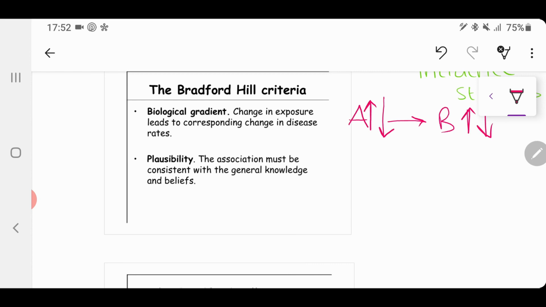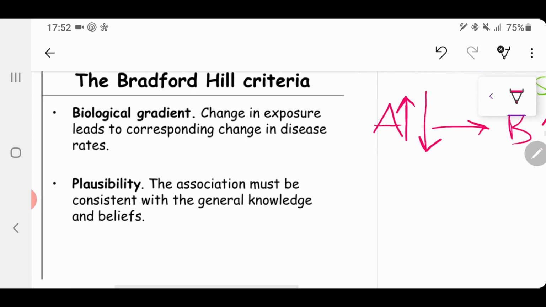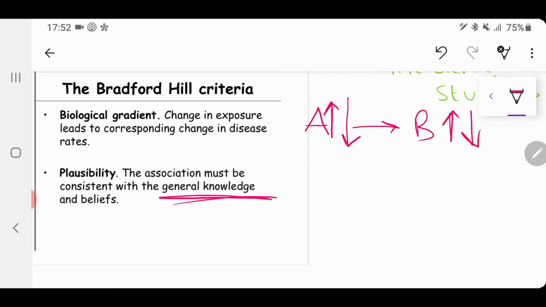Now, plausibility means that this association must be within the realms of general knowledge. You can't just pull something out of the magician's hat, right? It has to be something that is relevant, something that's known in the sphere of knowledge at that time. So this is all about knowledge.